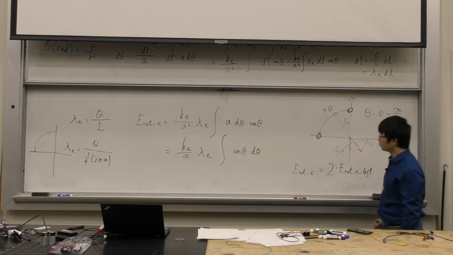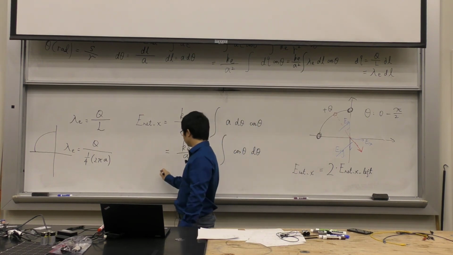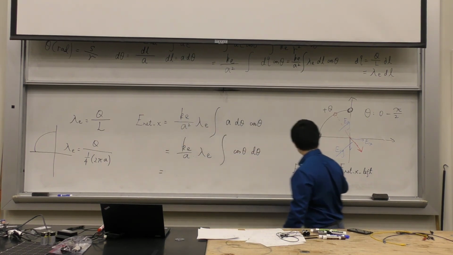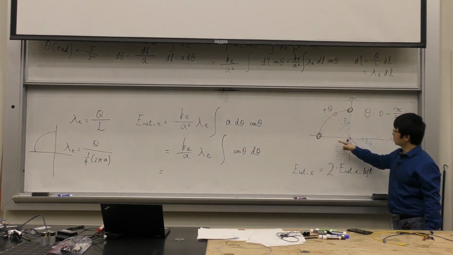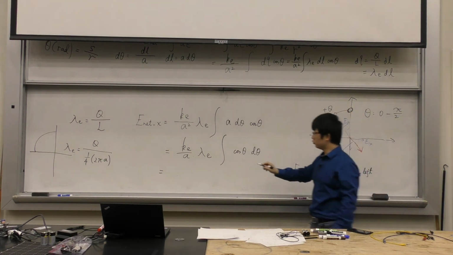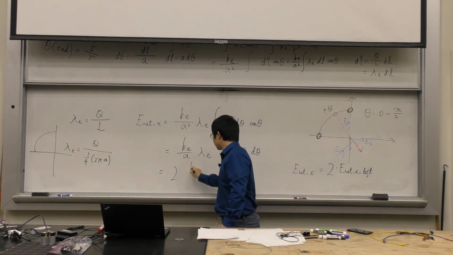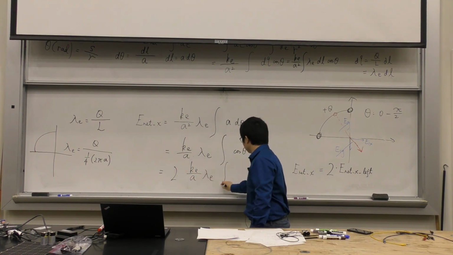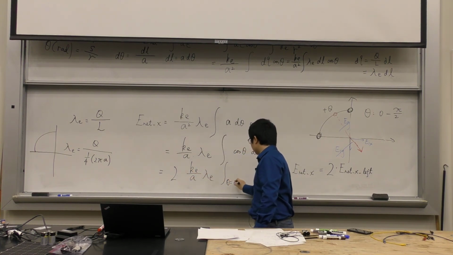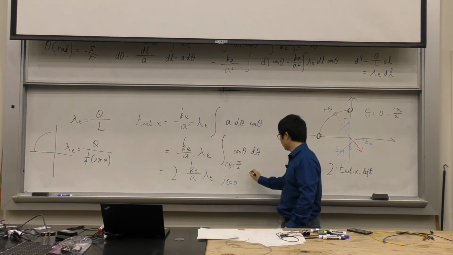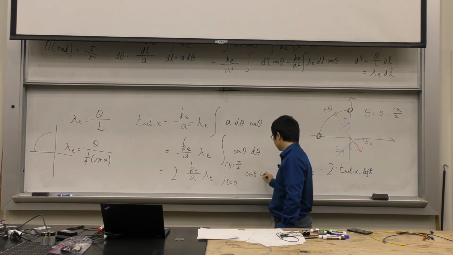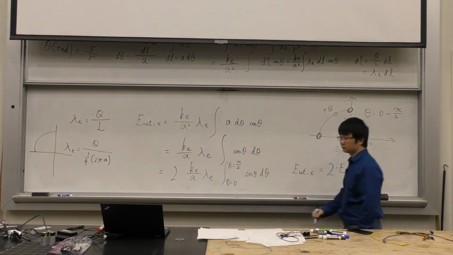So this is going to be 2 times this half, so it's going to be 2 times the integral with theta angle from 0 to 1/2 pi radians of cosine theta d theta, right?